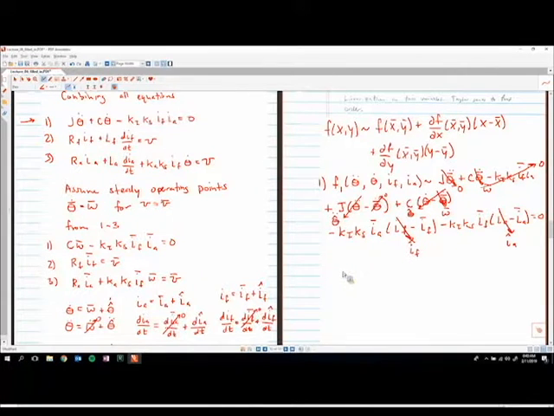So this is going to be equal to J omega hat double dot plus C omega hat dot minus K tau Ks IA bar IF hat minus K tau Ks IF bar IA hat, all equal to 0.